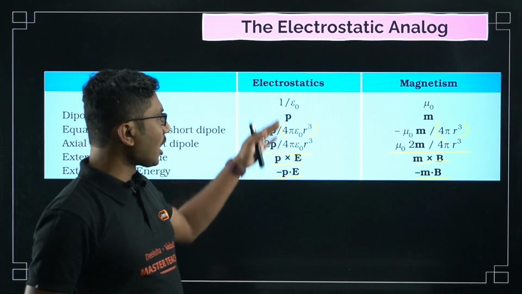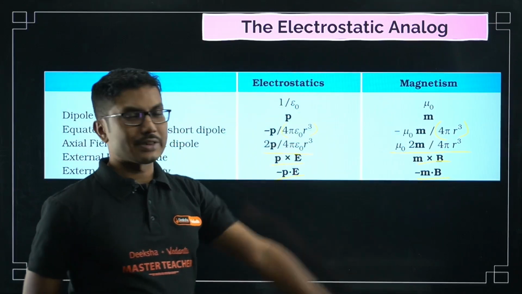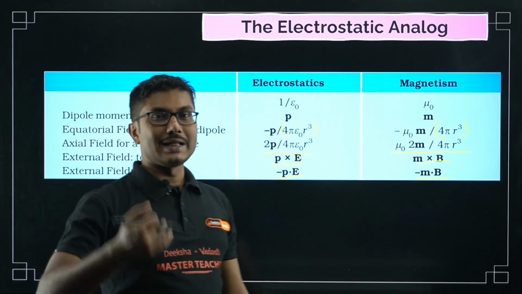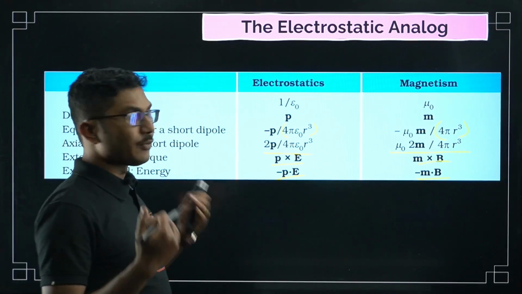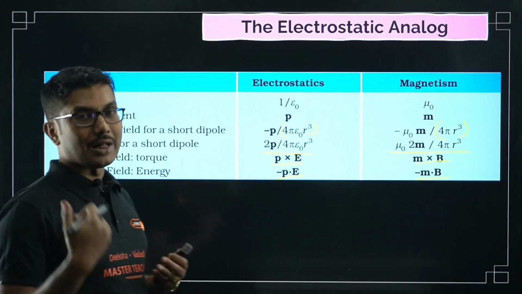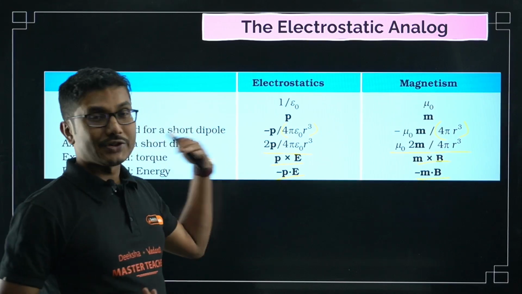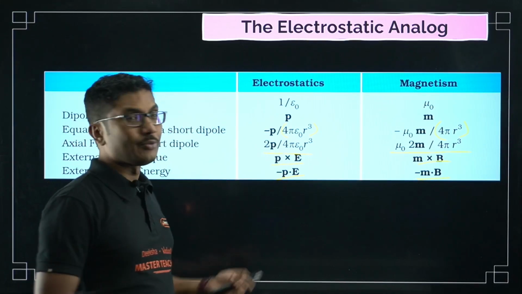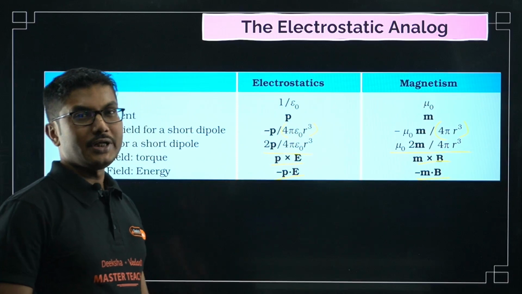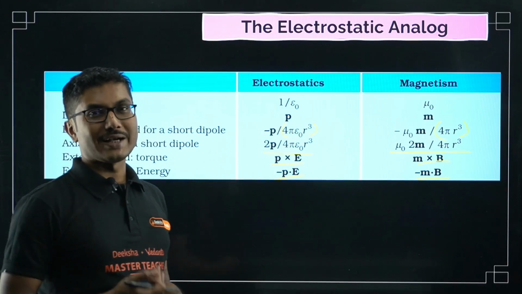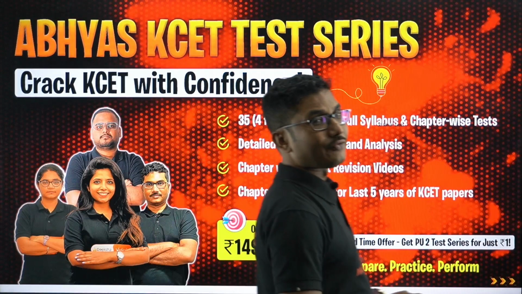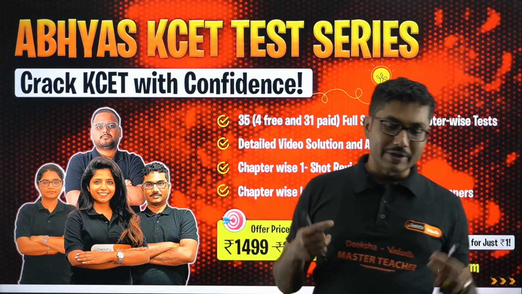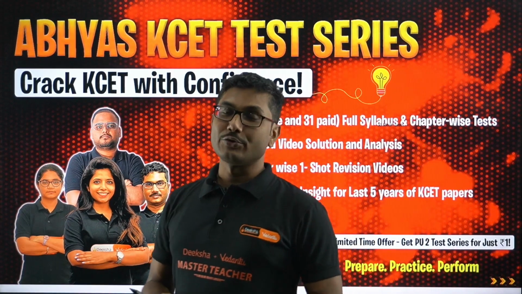If you remember one of the tables, you can easily convert it into the second part just by understanding what all are changing and how. So this is the important table to remember for you to answer such questions. Maybe the question that you are expecting using dipoles, the same question might come using magnets now, but you have to adjust the equation.